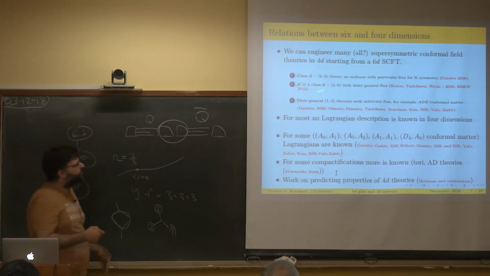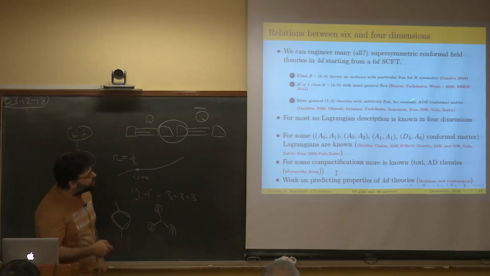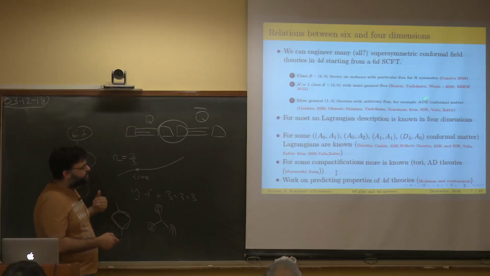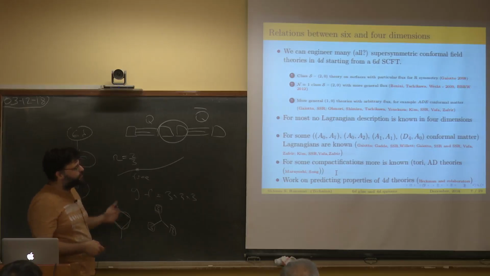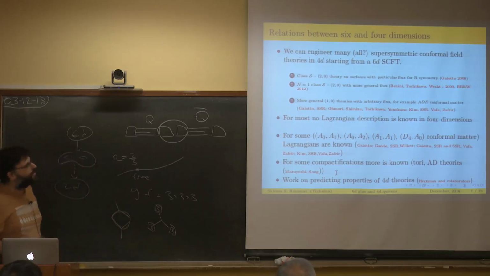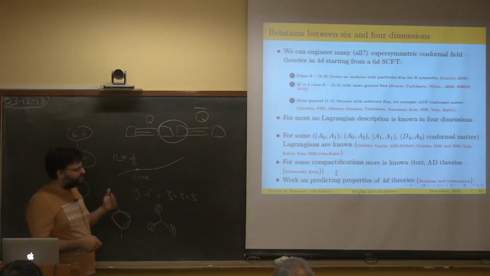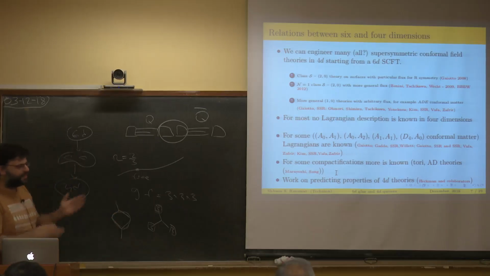And that is called n=1 class S, and this was done originally in the paper of Benini, Tachikawa, and Wecht, straight after Gaiotto's paper appeared. And then there was a generalization by Bah, Beem, Bobev, and Wecht, who classified the most generic choices.